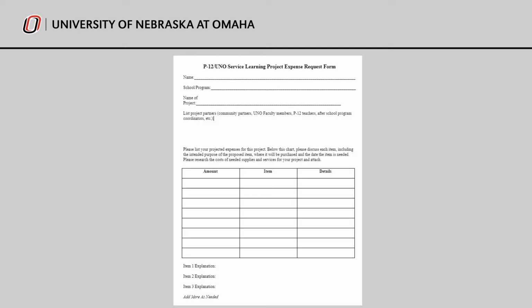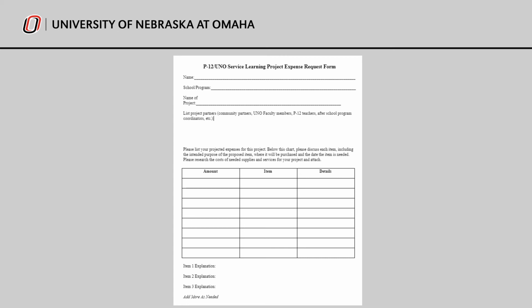Lastly, I'd like to briefly touch on the Service Learning Project Expense Request Form. This is a document where you can create a budget for your project. It is an opportunity for you to think through all of the little details that you may need to spend money on.